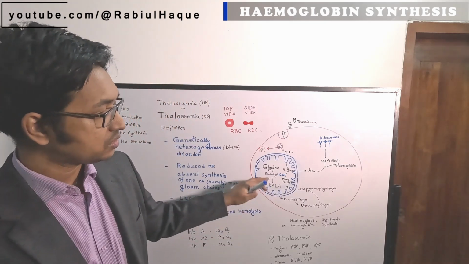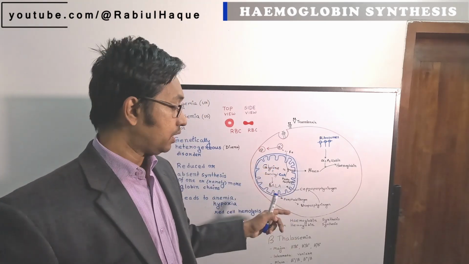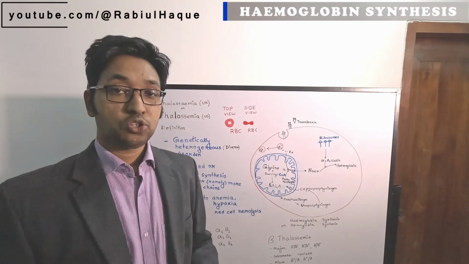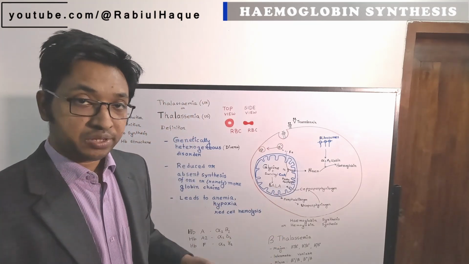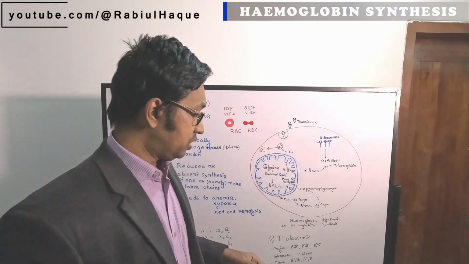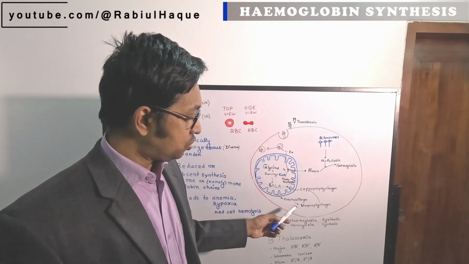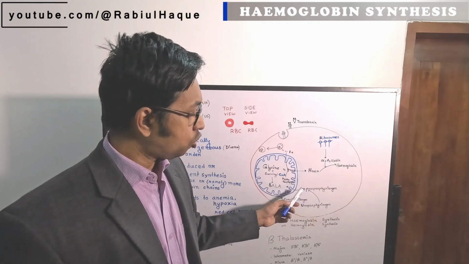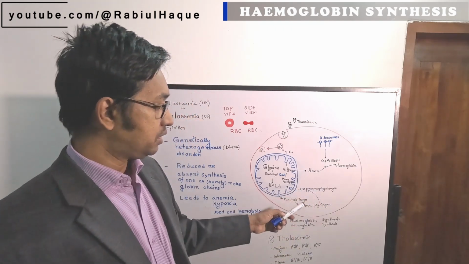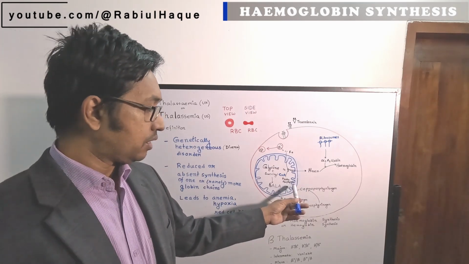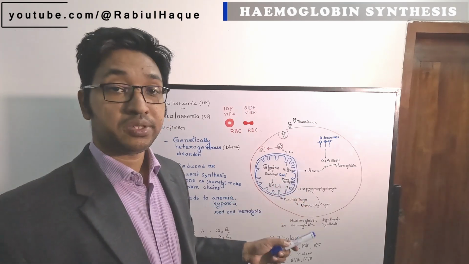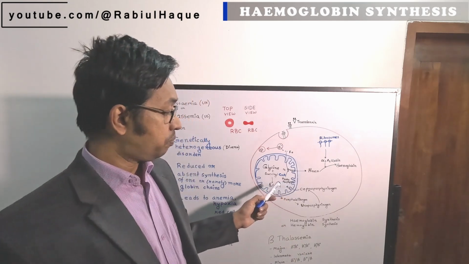Then this structure leaves the mitochondria and enters the cytoplasm of those developing precursor cells in the bone marrow. They form porphobilinogen, uroporphyrinogen, coproporphyrinogen. Ultimately, they come back into the mitochondria from the cytoplasm, and we can see protoporphyrin.